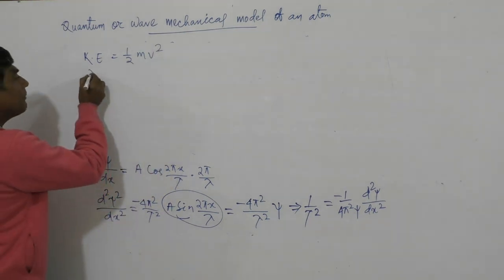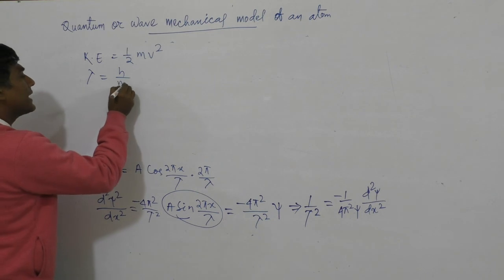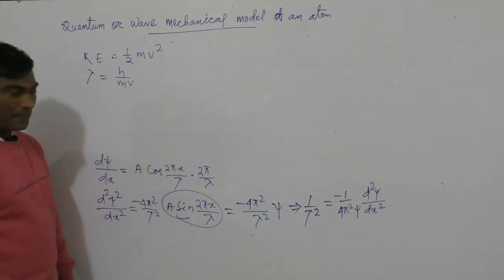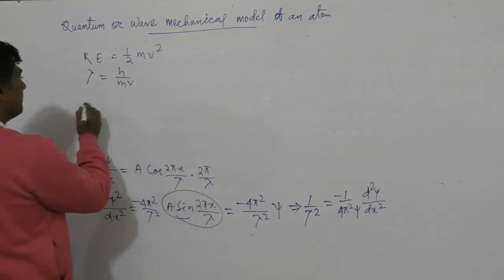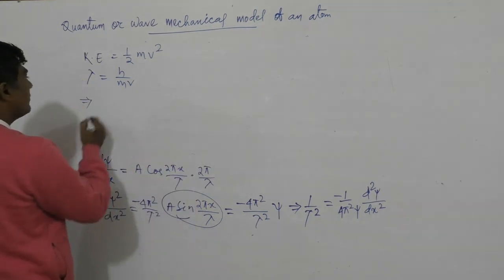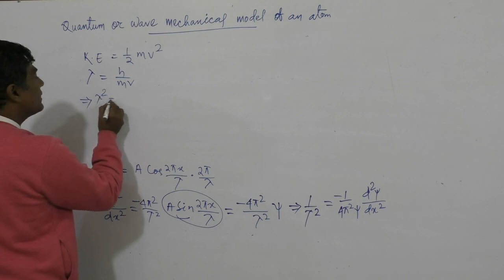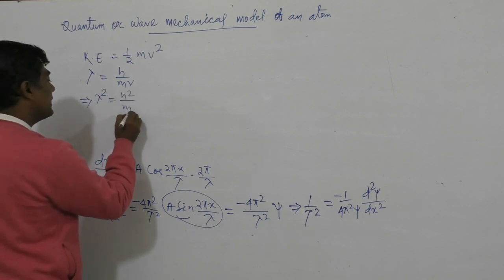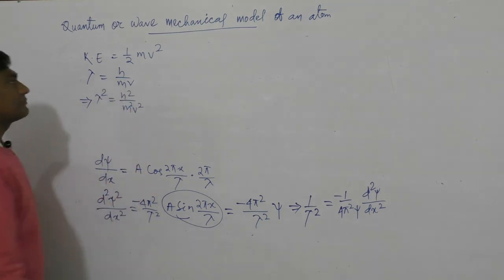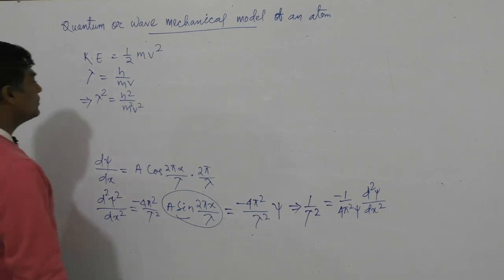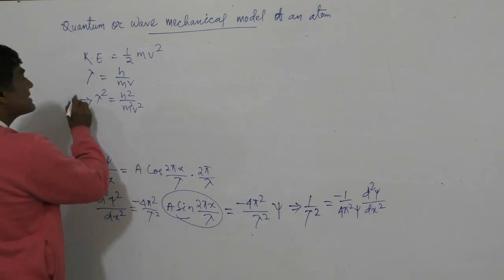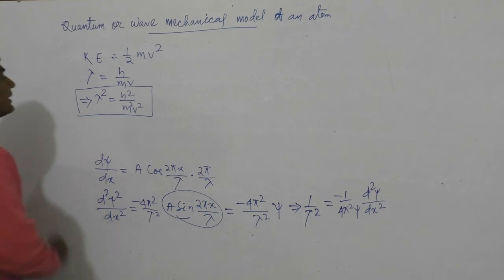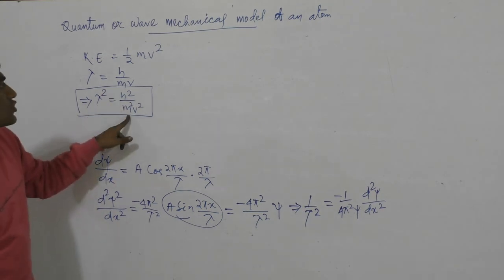And lambda is equal to h by m v. Okay, so this implies here we can have lambda square is equal to h square by m square v square. So from this, lambda square is equal to h square by m square v square.